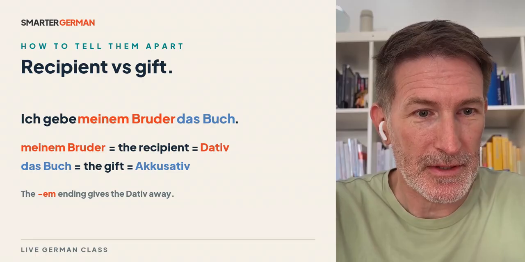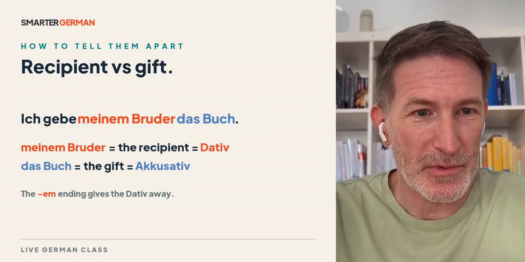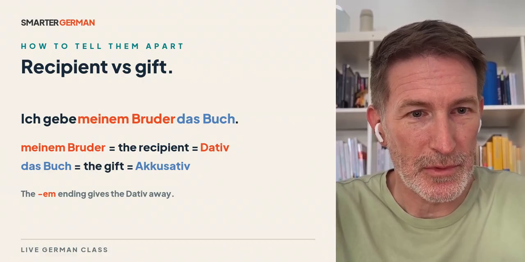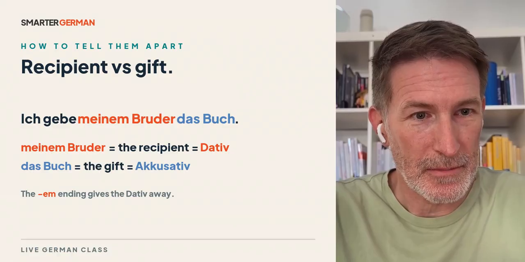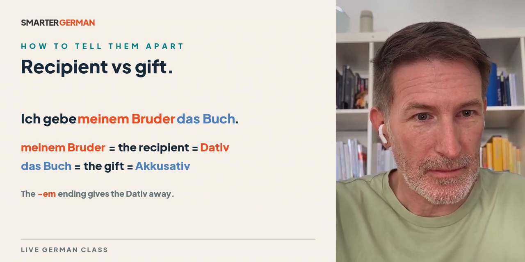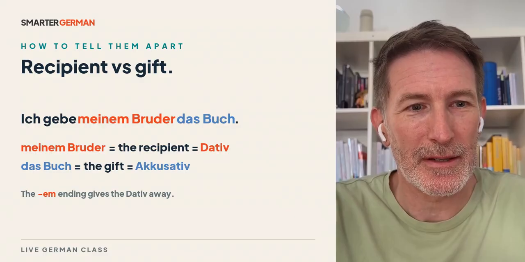Ich gebe ihm es. Let me quickly think, because it's a bit tricky. There's four possibilities. Ich gebe meinem Bruder das Buch. Ich gebe es meinem Bruder. Ich gebe es ihm.